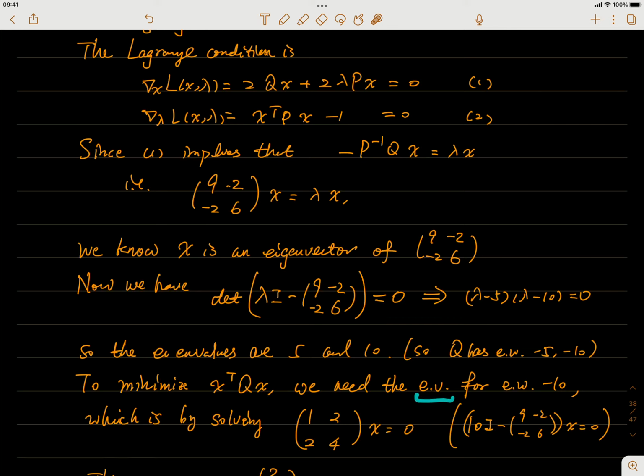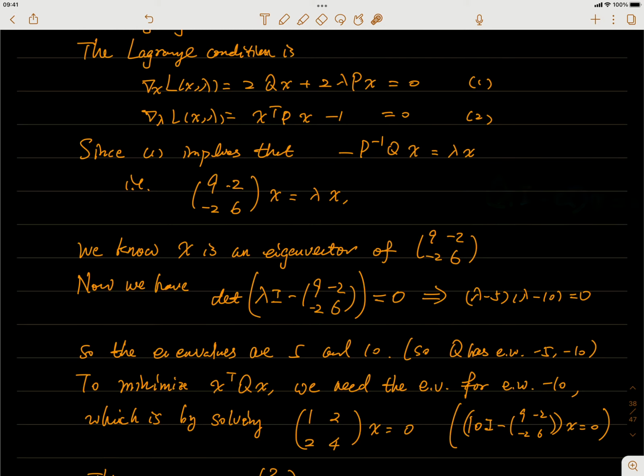So we're looking for the eigenvector corresponding to the eigenvalue negative 10 of the matrix Q. To that end, we just need to plug in lambda equals negative 10 and solve lambda I minus Q times x equals 0 for this x.